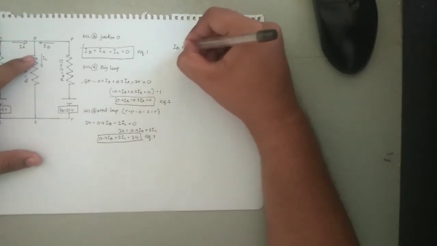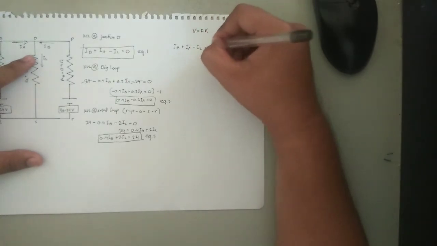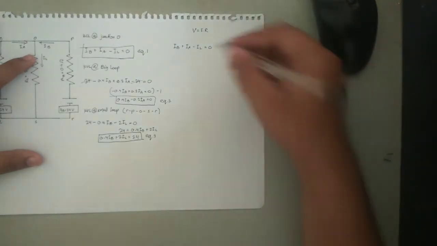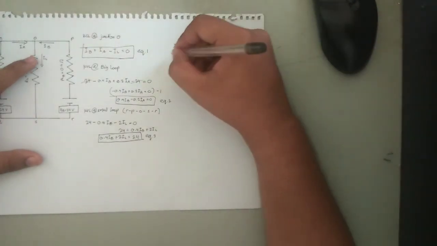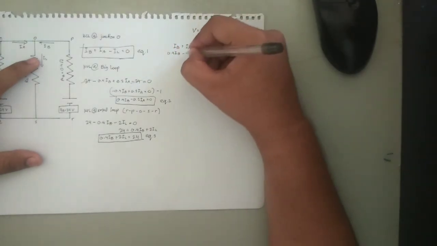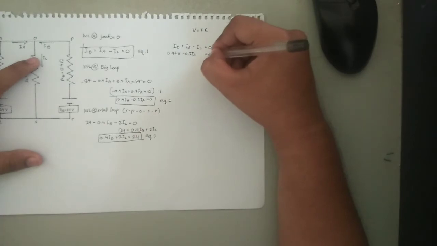Okay, so it's going to be IB plus IA minus IL is equal to 0. So this is our equation number 1. And our equation number 2 is 0.4 IB, okay, minus 0.2 IA is equal to 0.